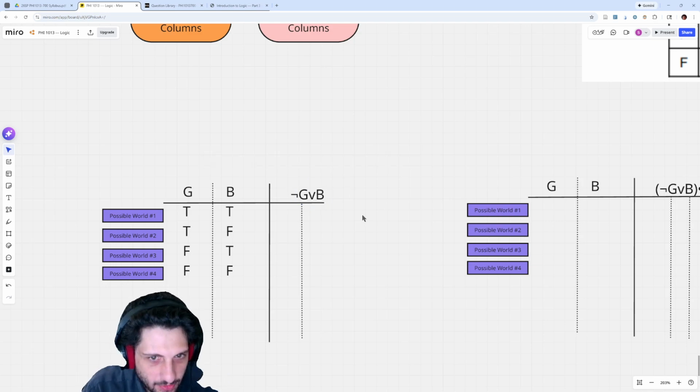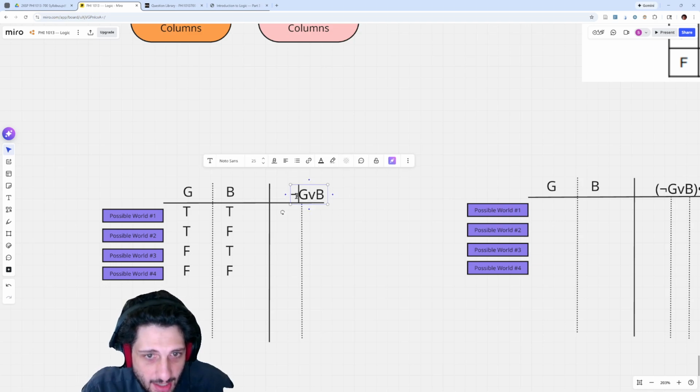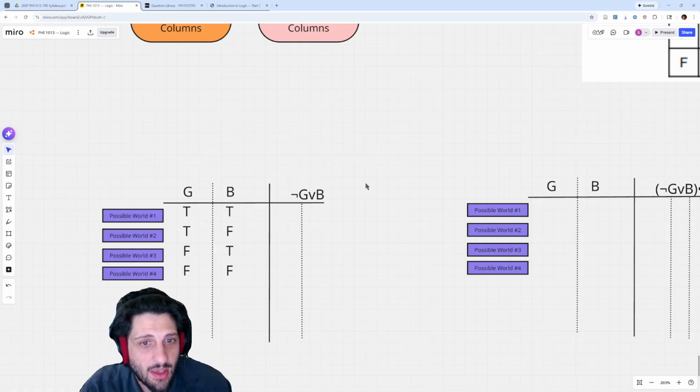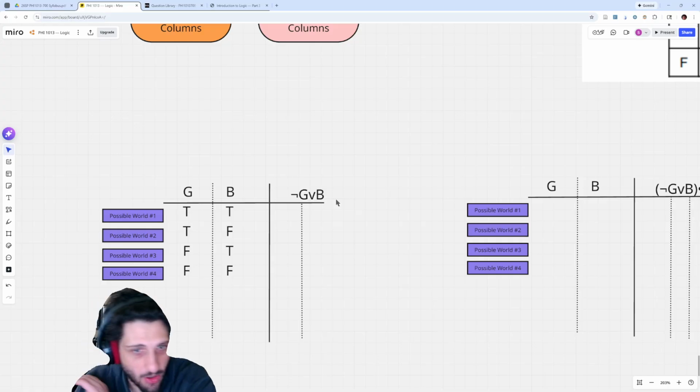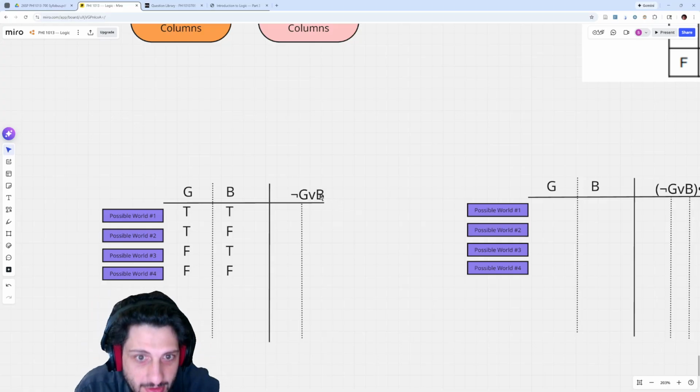But we need to be careful. Am I saying it's not the case that either G or B is true? Or am I saying either it's not the case that G, or B is true? This goes back to what we were talking about all last week and for the past few weeks, really.